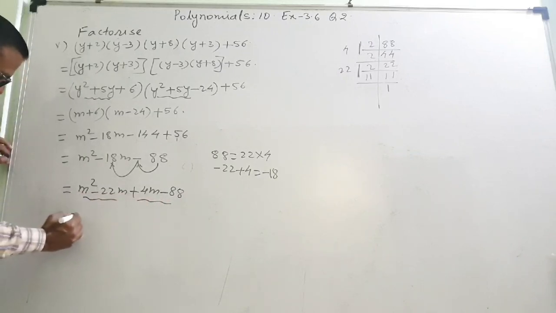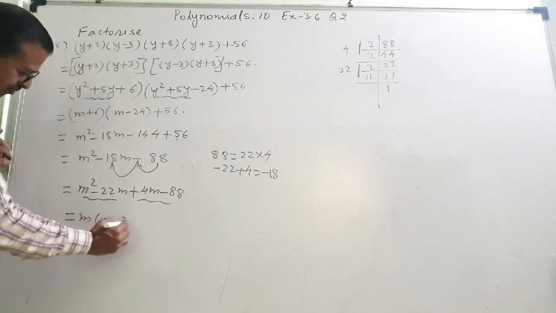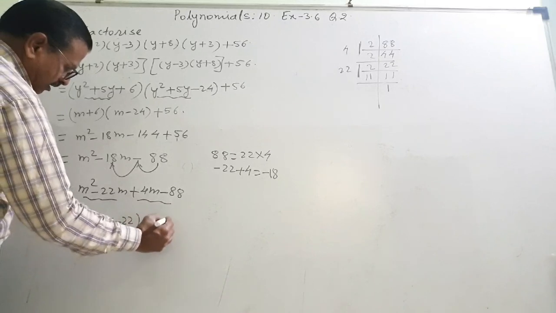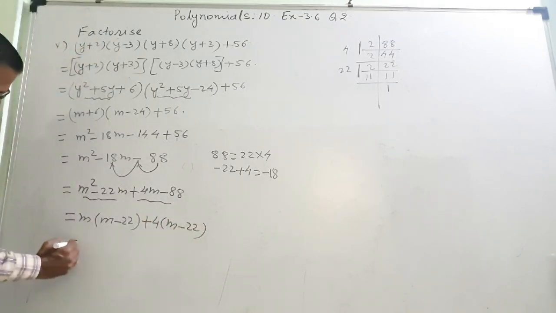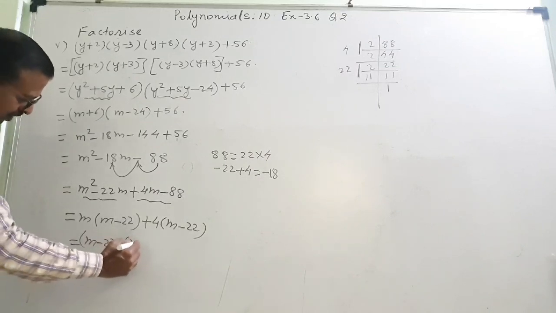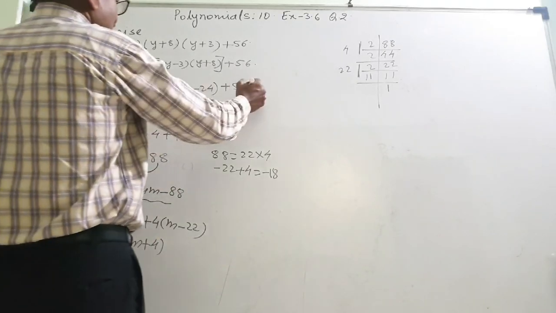So that is equal to m is common, m minus 22, plus 4 is common, m minus 22, and the factors are m minus 22 and m plus 4. So what is meant by m?